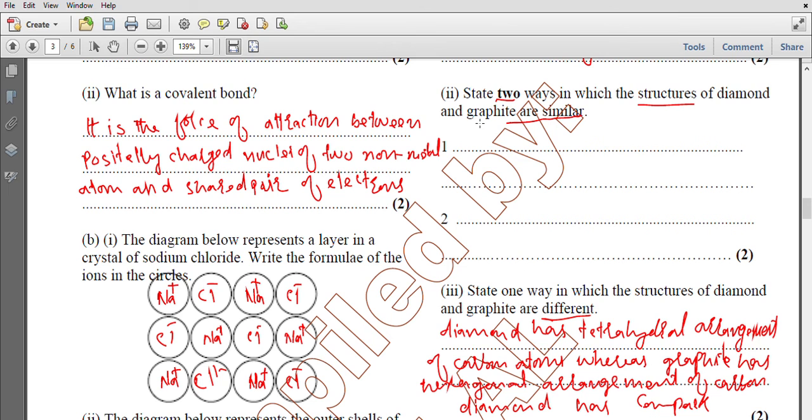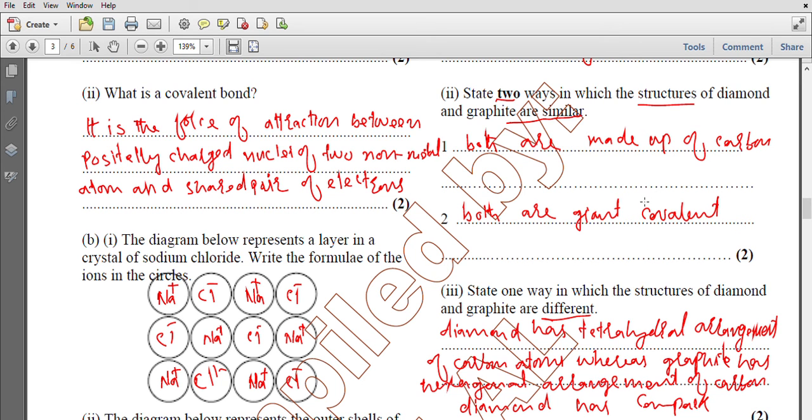We can say that both are made up of carbon. And second, both diamond and graphite have giant structures, or both are giant covalent structures.